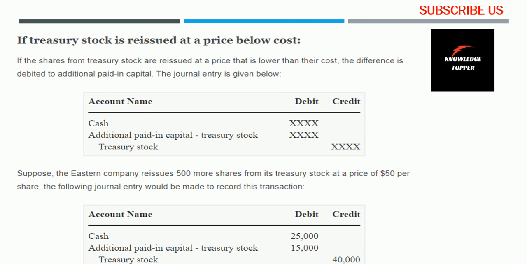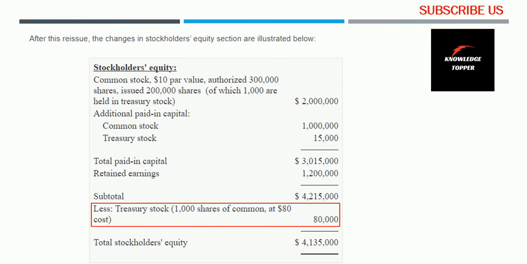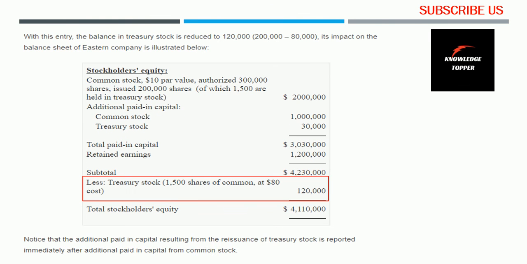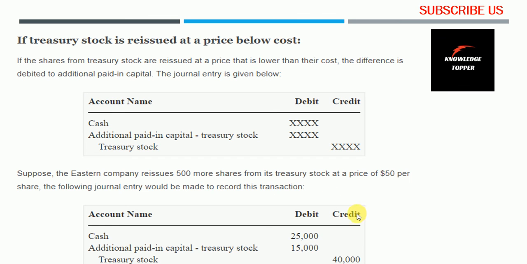Now we will understand the treatment of this transaction. After the reissue, the change in the stockholders' equity section is illustrated below. The amount in our previous balance is 1,20,000, from our second example, and as we deduct 40,000 from our third example, we are left with 80,000.